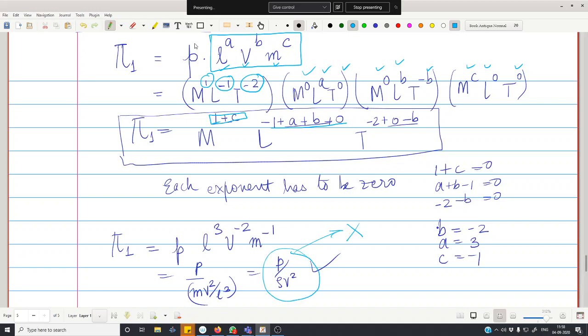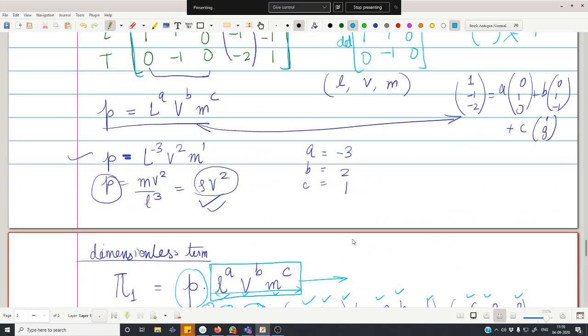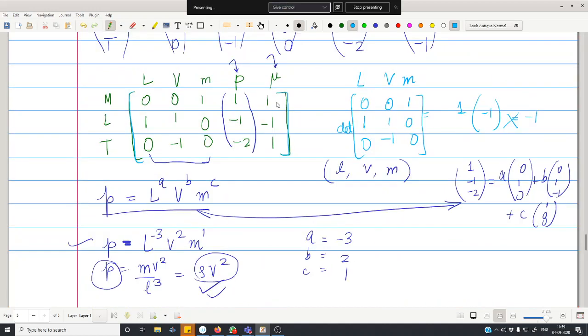In order to find pressure in terms of whatever quantities you want to find, these quantities should necessarily have a submatrix determinant to be non-zero, otherwise it will not work. Okay, and the entire mechanism of this has the basis in linear algebra and finding out the basis of the vectors. So now, fine, please find out as a small exercise the dimensionless term involving viscosity and all these terms.